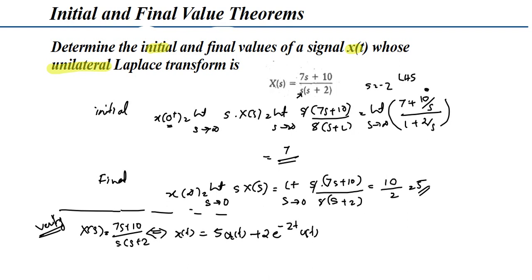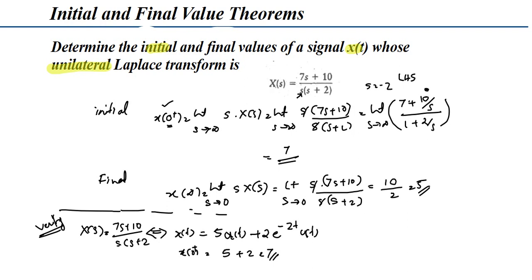This is only to verify the answer. This is actually the inverse of this particular signal. In order to calculate x of 0, substitute t is equal to 0. You will get 5 plus 2, which is equal to 7. So x of 0 is 7.